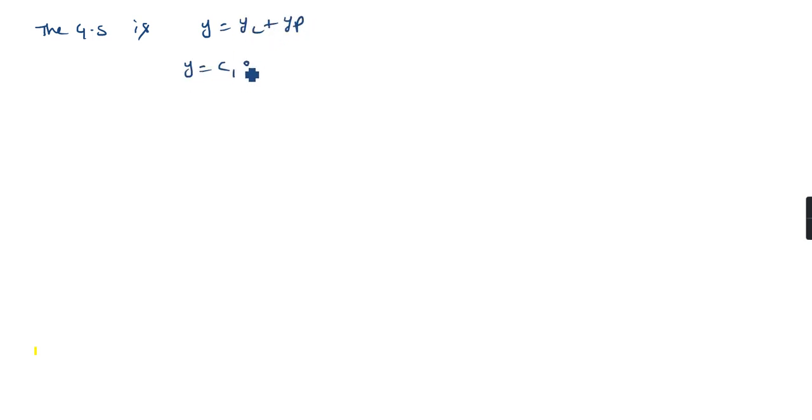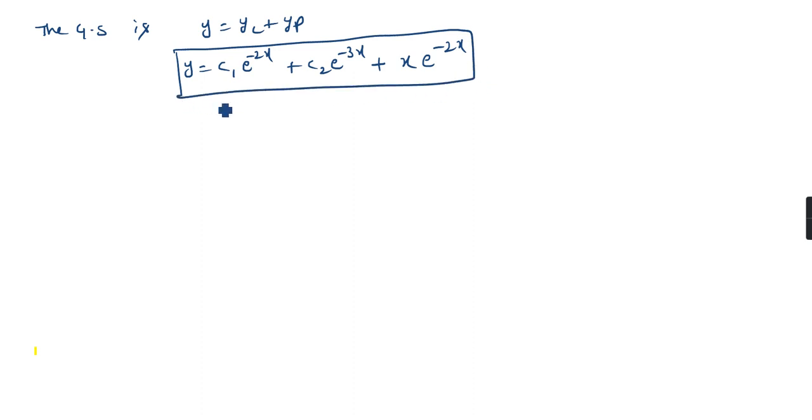So y equals c1 e power minus 2x plus c2 into e power minus 3x plus yp, which is x into e power minus 2x, where c1, c2 are arbitrary constants.